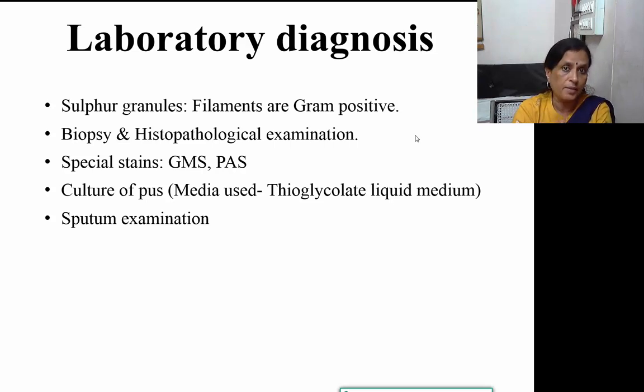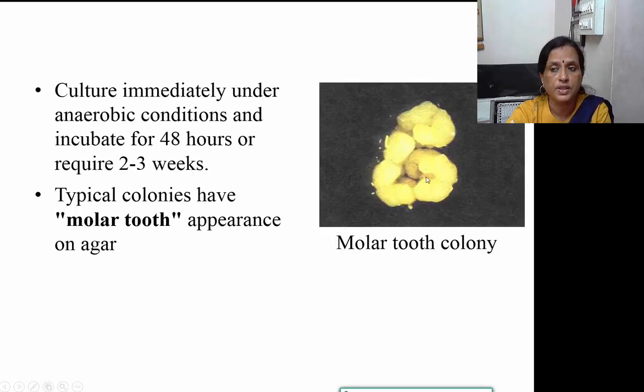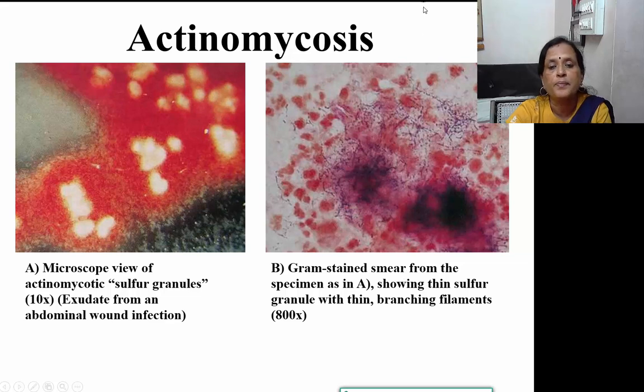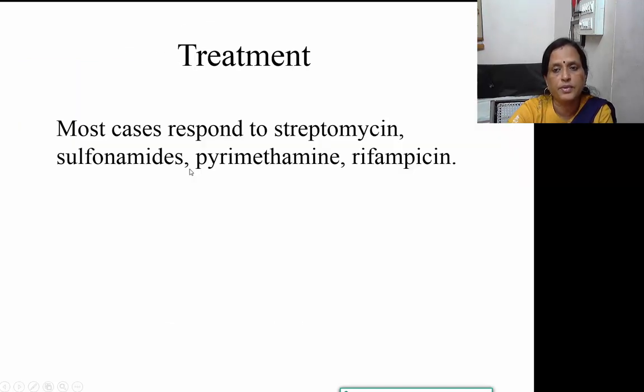Then sputum examination in thoracic or generalized cases could be done. In culture, it is supposed to look like a molar tooth appearance. So this is a microscopic view of sulfur granules. This is a smear and this is exudate from the abdominal wall.